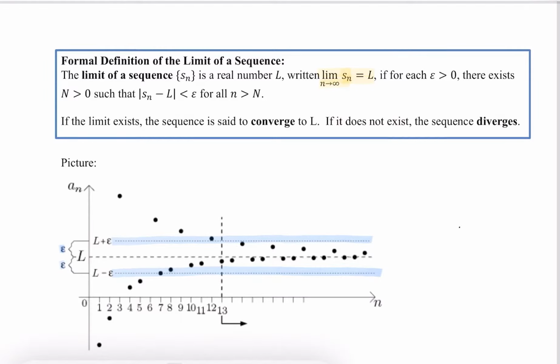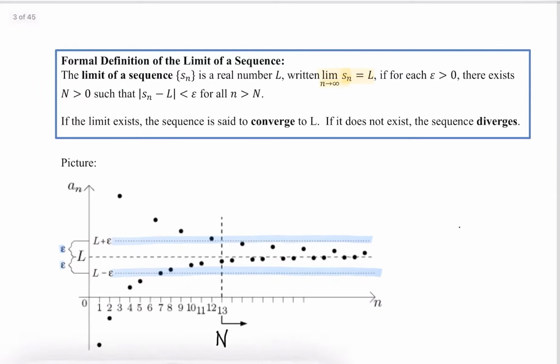There will be some value, capital N, after which all of the a sub n's, all of the terms of the sequence, or s sub n I think is what we have here, if we find the distance between those terms and the limit, they are going to fall within this epsilon window.